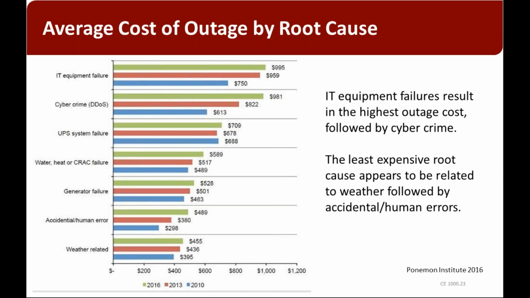So in an ideal world, in a critical environment, if you're designing it for high availability, one component or piece of equipment should not cause a major failure. And as you see, again, as expected, the intentional or deliberate cybercrime is right up there also.